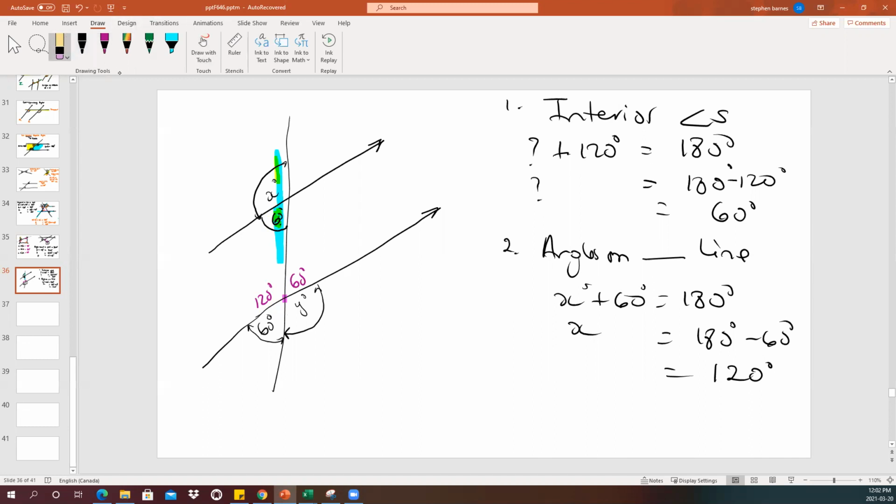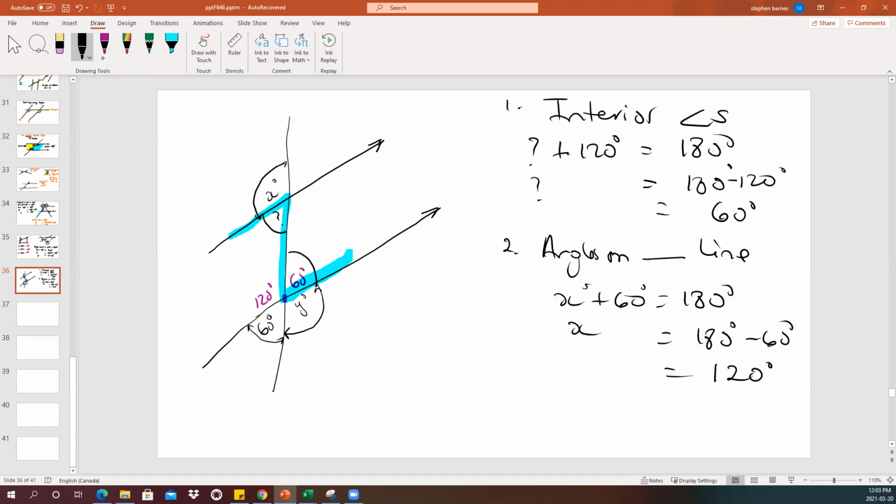We're going to work it a second way now. That second way would mean we still need to find these two angles, which we did by saying that they were vertically opposite. But in this second way, we are going to utilize the principle of a Z angle. After finding this 60 degree here, we could say that this question mark angle and this 60 degree angle are alternate angles.